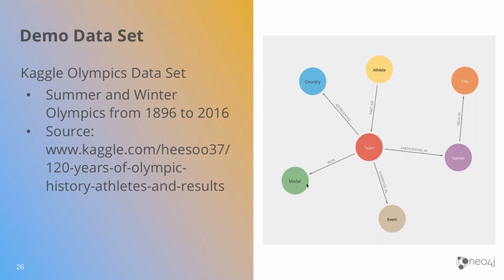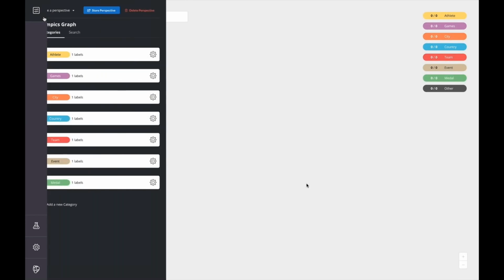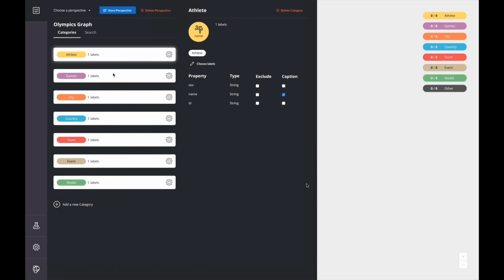Athletes belong to certain teams that are formed for a particular Olympic game. These teams compete in different events at the game. These teams represent a particular country. These teams then participate in a particular game that's held in a city, and then these teams may or may not win a medal, right? So when they win a medal, then that's what's represented here. So that's the data set in a nutshell.